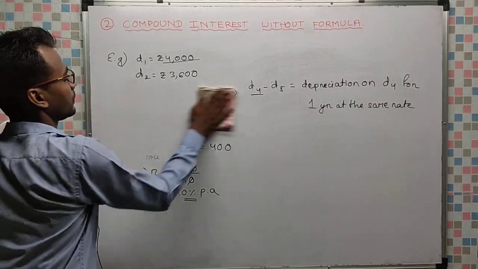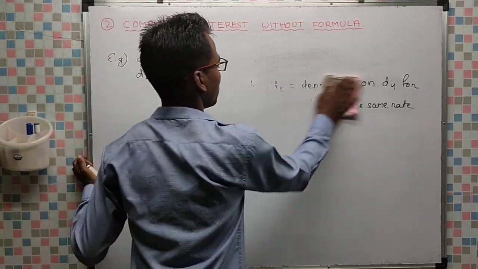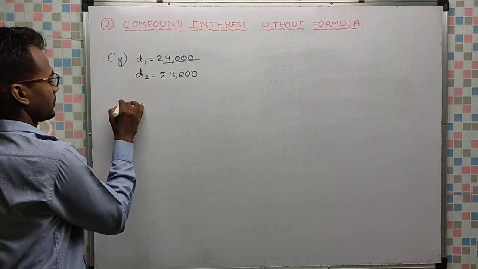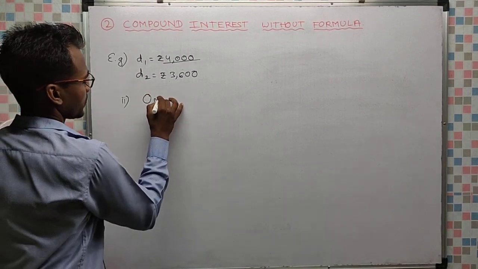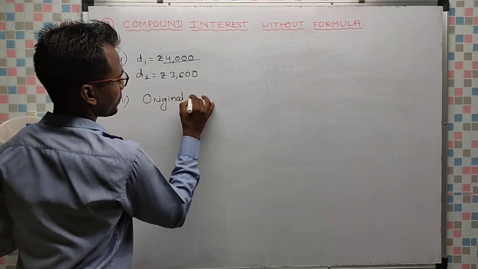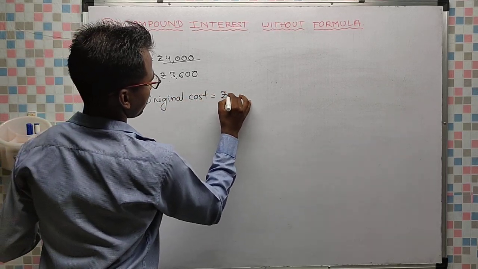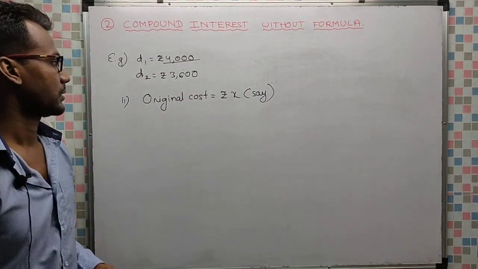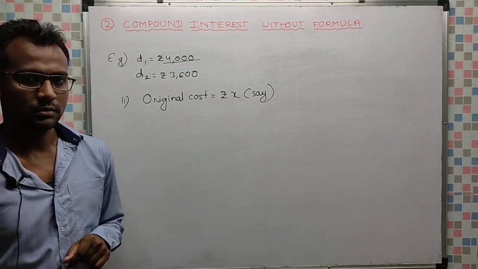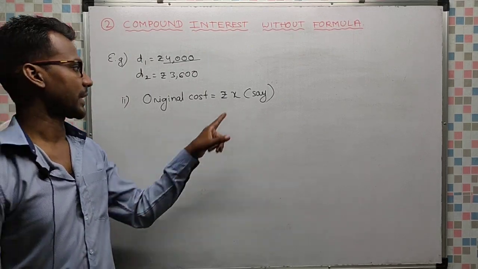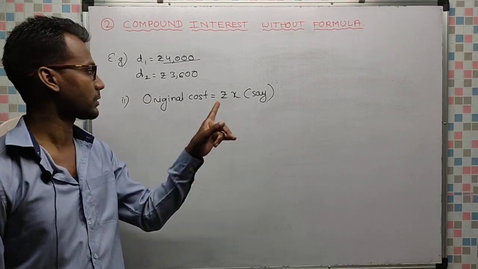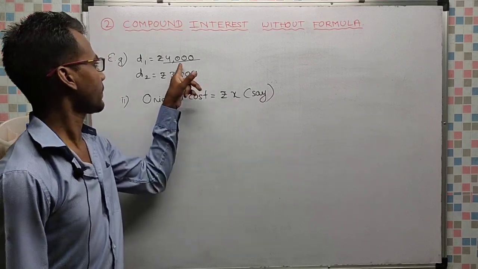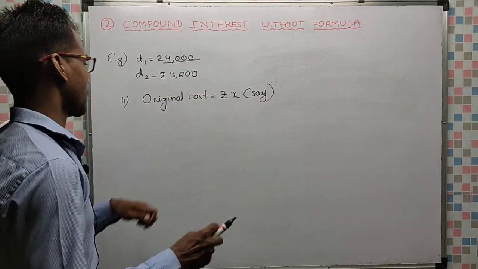Suppose the original cost, which we don't know, is equal to rupees X. We have got the rate of depreciation, so definitely 10% of X for the first year. For the first year, the original value was X. 10% of X must be 4,000, the depreciation of the first year.